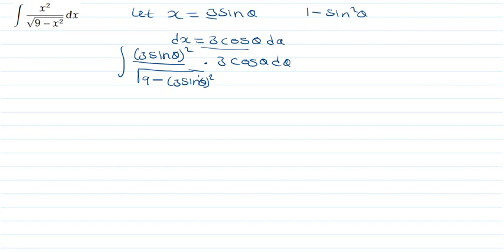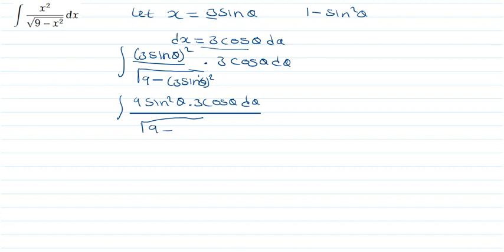Simplifying this, I'm going to get the integral of 9 sine squared theta multiplied by 3 cos theta d theta, then everything divided by the square root of 9 minus 9 sine squared theta.